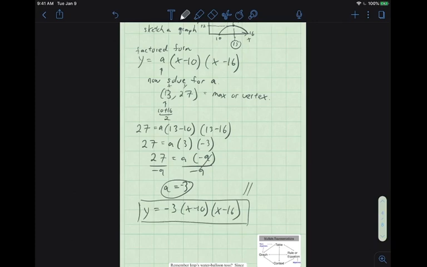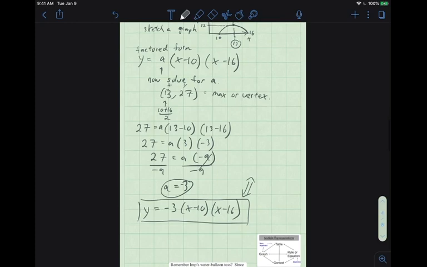In standard form, we can multiply that out. Negative 3 times x squared minus 16x minus 10x plus 160.